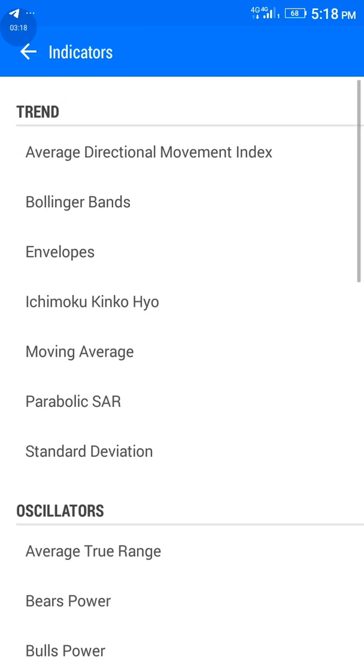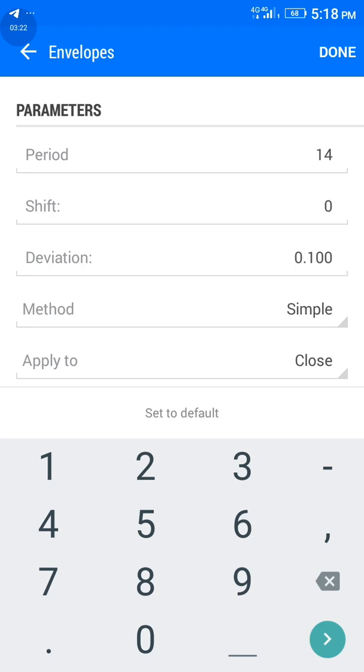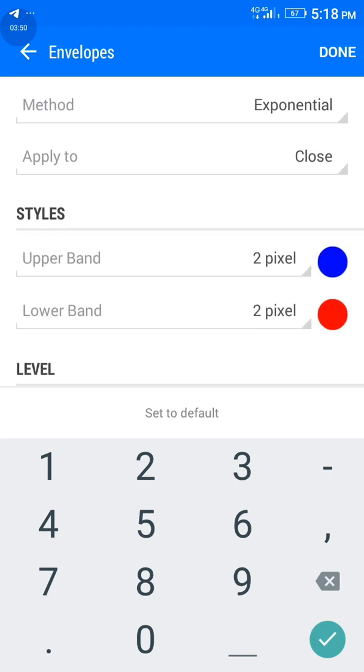The first one we are going to add is an envelope. The period should be 1000, shift should be 0, the deviation should be 200. Method should be exponential. Apply to close.